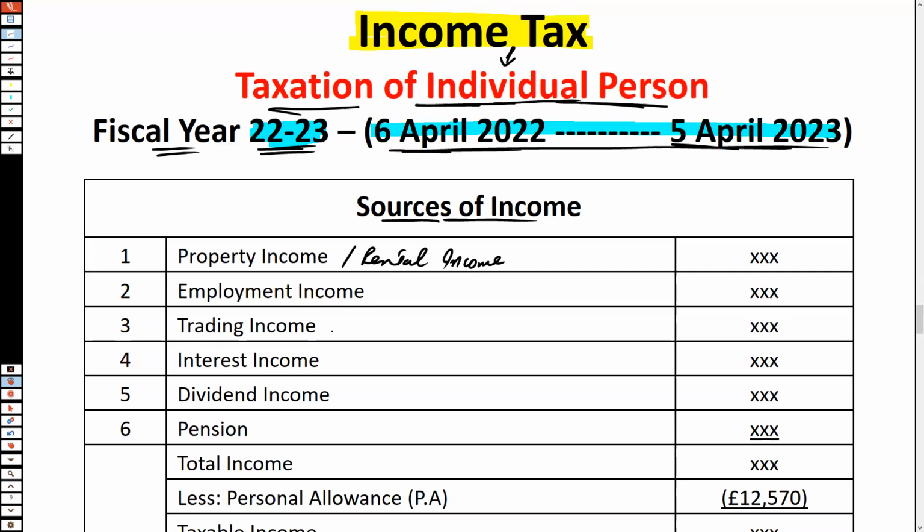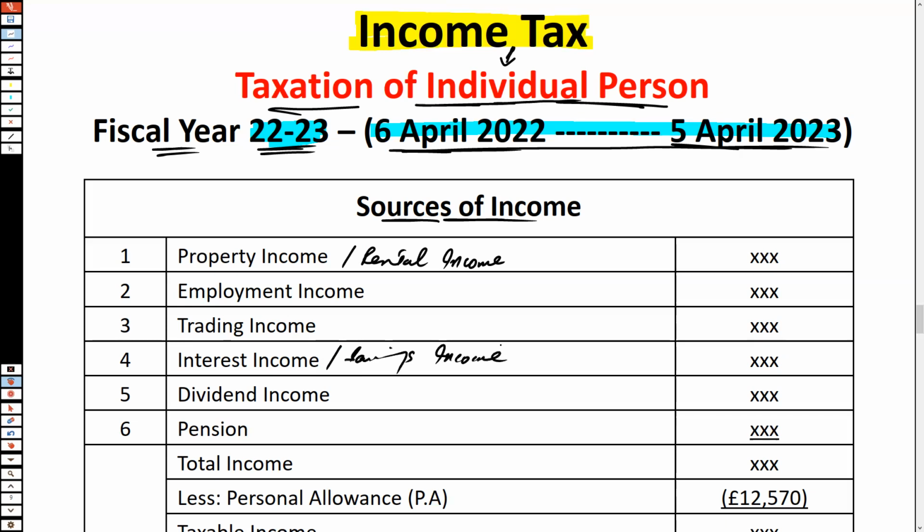If you are engaged in a business and getting income, that is trading income. If you have invested in loan notes or debentures, or put your money in a bank's fixed account, you will receive interest from the bank, loan notes or debentures. That source of income is termed interest income or savings income.